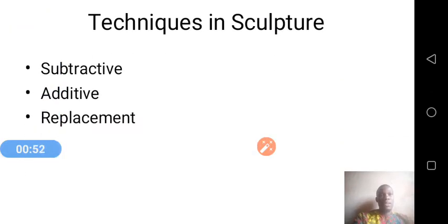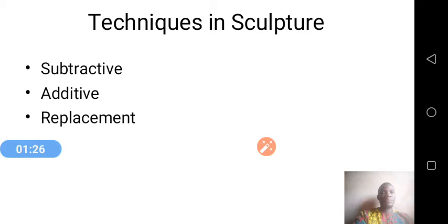Techniques in sculpture. We have three major techniques in sculpture. Number one, subtractive technique, additive technique, and replacement technique. Just as the name implies, subtractive technique involves removing bits and pieces of a solid material or a mass to produce art figures.